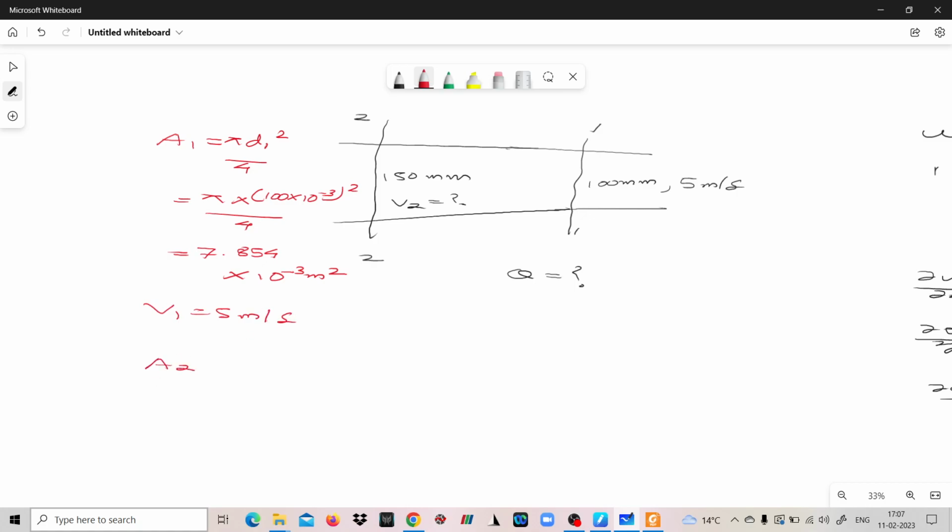What is A2? A2 will be pi d2 square by 4. So pi into d2, which is 150 into 10 to the power minus 3, whole square divided by 4.